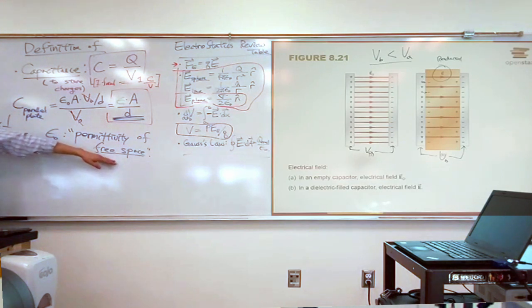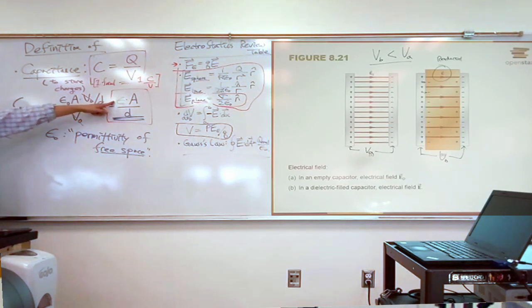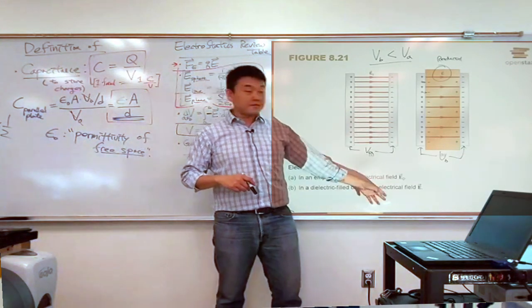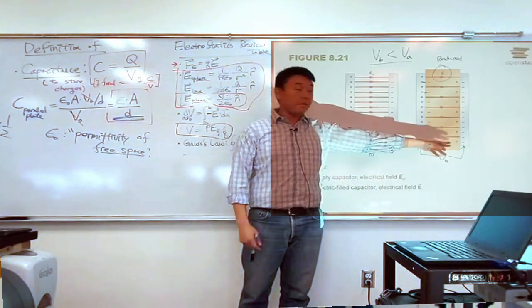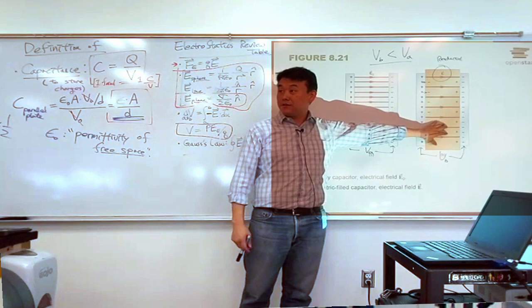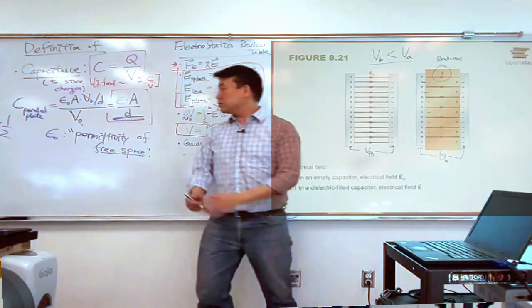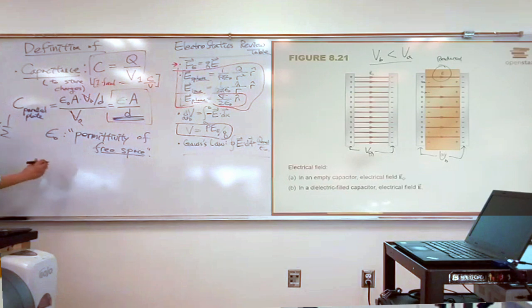So when you change it to epsilon, what you're doing is saying the space between them isn't vacuum. There's some material there. So the permittivity of this material will be something other than vacuum. That would be the epsilon. No one actually calls it that, but if you wanted to give it a name, it would be the permittivity of whatever material you are dealing with.